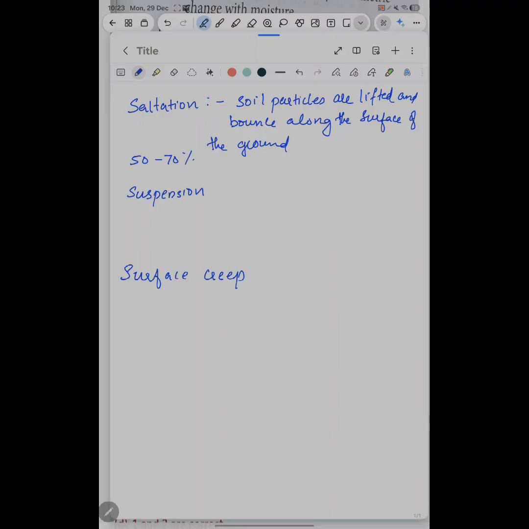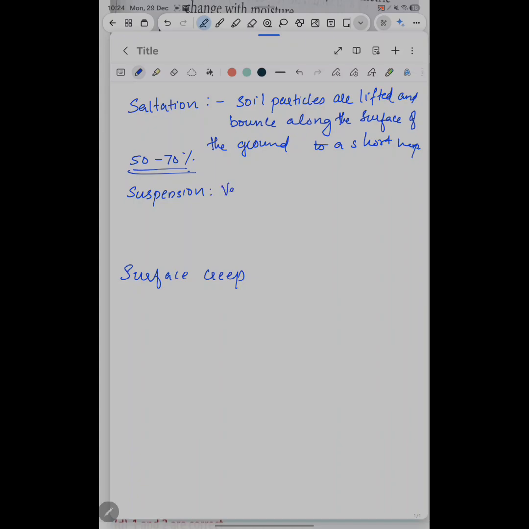The particles involved in saltation are usually medium sized and move in short hops. Most of the soil during wind erosion, around 50 to 70%, gets transported this way. The next term is suspension.